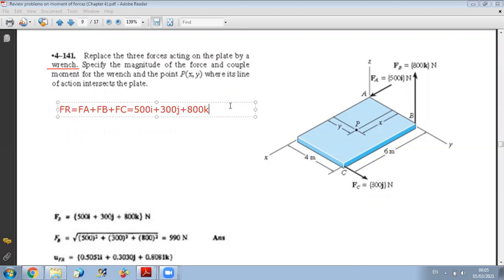Now, next step, we want to reduce the system to a wrench. This means that at point P, we want to have one force, one couple that are collinear. Okay? So at point P we already know the value of the resultant force. We know its components. And the main property of the wrench is that the force vector and the moment resultant are collinear.